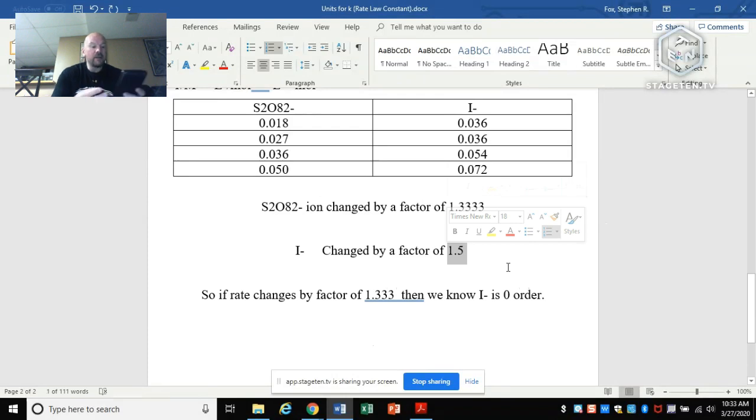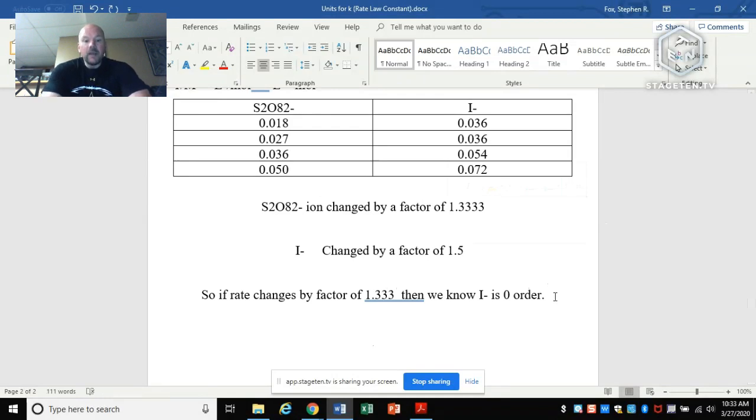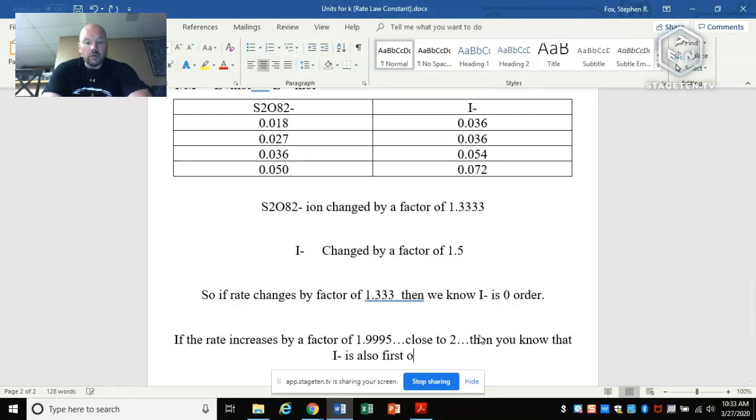If they're both first order reactants, you take 1.33 and multiply it by 1.5, and you get 1.9995. So if the rate increases by a factor of close to 2, then you know that I minus is also first order.